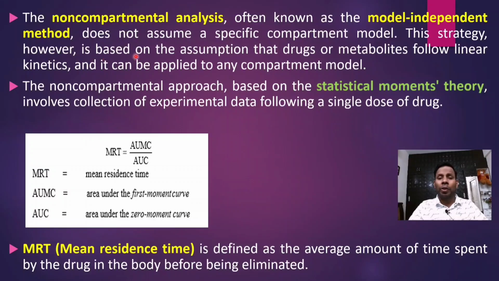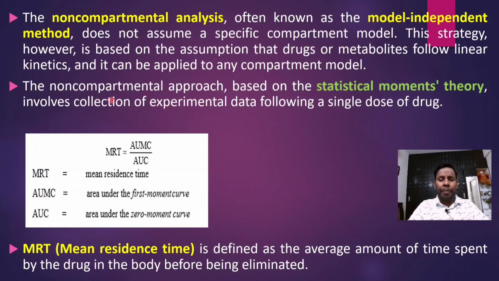However, this is based on the assumption that drugs or metabolites follow linear kinetics, meaning drugs and, after metabolizing, those metabolites both follow first order kinetics, and it can be applied to any compartment model. As we know, compartment models are of two types: mammillary model and catenary model. So this will be applied to both types of model.